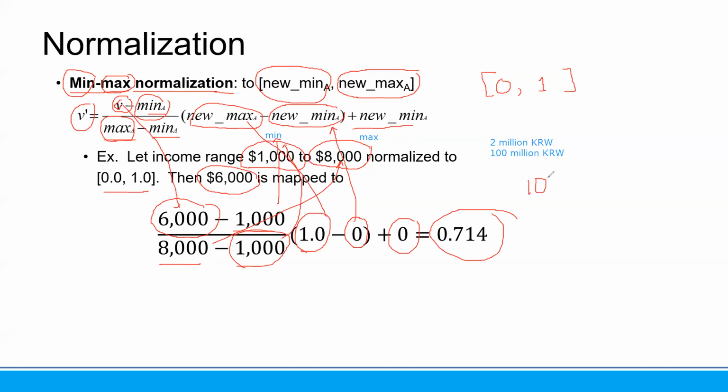If I want to change 1,000 US dollars with this transformation, what is the normalized value?